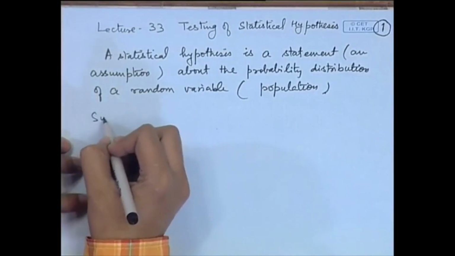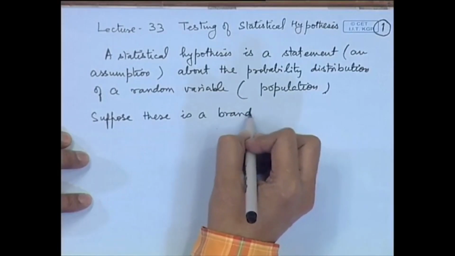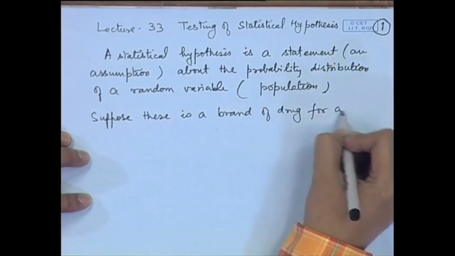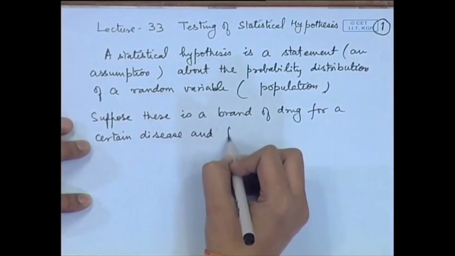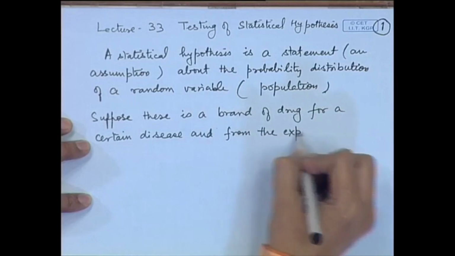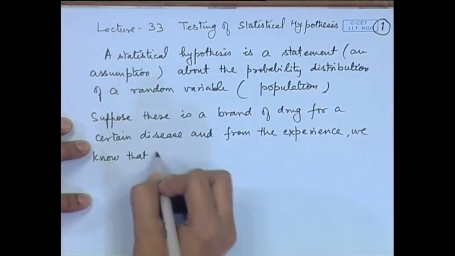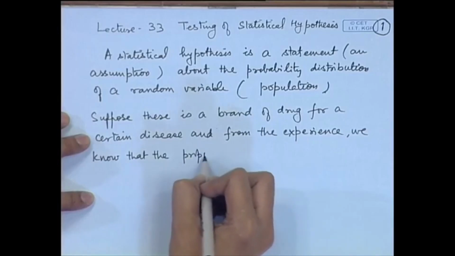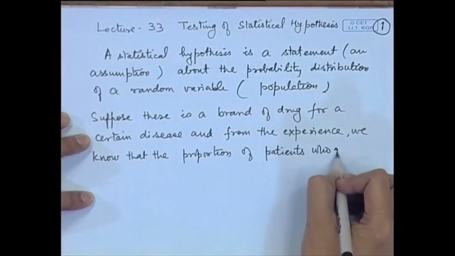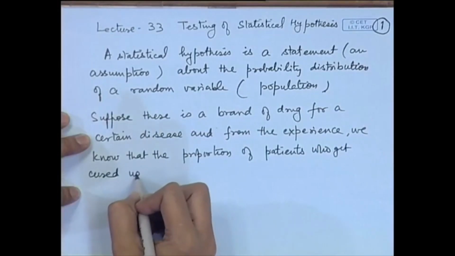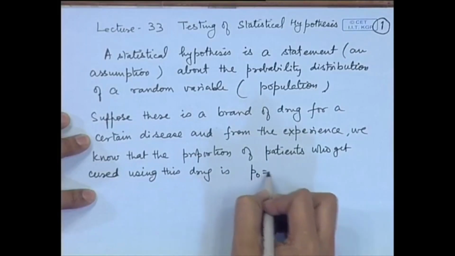Consider, suppose there is a brand of drug for a certain disease, and from experience we know that the proportion of patients who get cured using this drug is, say, p naught, equal to 0.5.